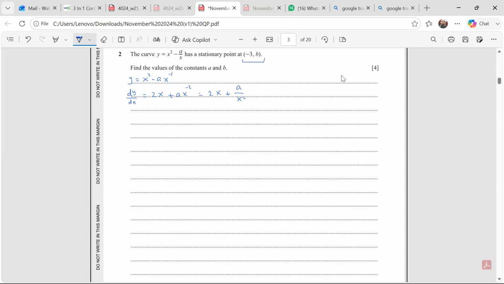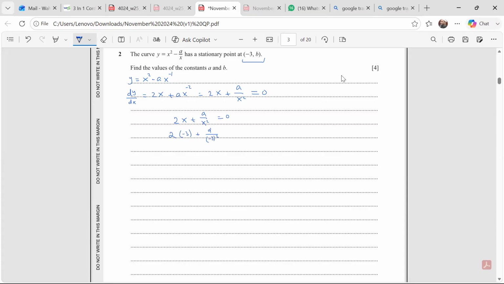And we know that the derivative is 0 at the stationary point. So when x is equal to minus 3, this whole expression has to be 0. Let me write it again. 2x plus a over x squared is equal to 0, right? So 2 times x, which is minus 3, plus a over minus 3 squared.